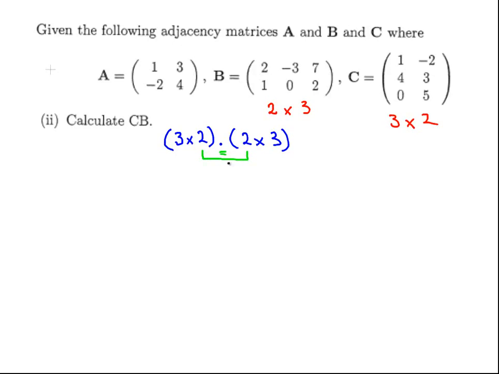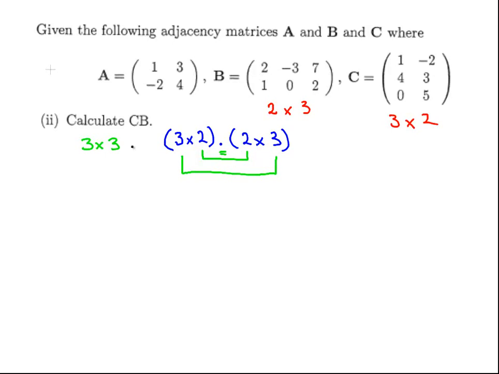If that's not the case, then you cannot do the multiplication. But here they are equal to each other, so we can continue. What are the dimensions of the outcome? It's the number of rows of the first matrix by the number of columns of the second matrix. So it's going to be a 3 by 3 matrix.